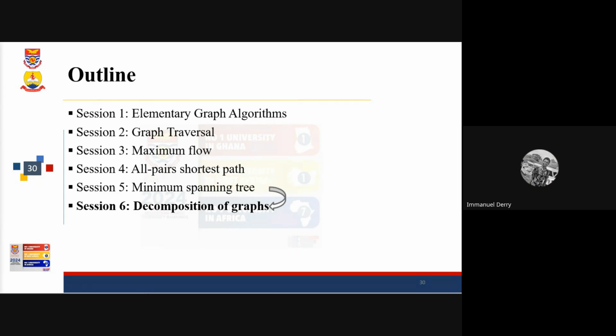Based on my own understanding, decomposition means to break something down into smaller units or parts. Yeah, so breaking something down to smaller components, that is it.